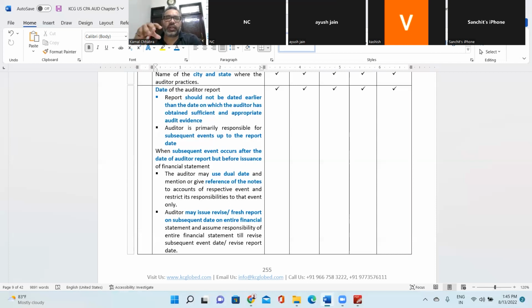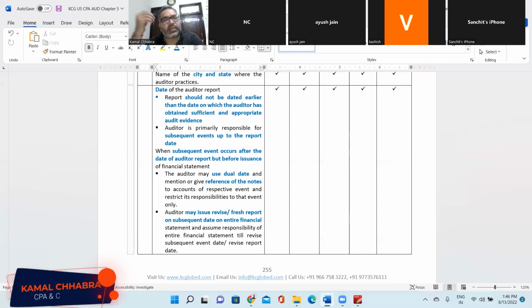One, like Ayush said, you will request the management to consider the impact of that subsequent event in the financial statements, and then you can ask for your original report back, and you will be issuing a fresh report on a fresh date. Second thing is, for example, they have already issued.